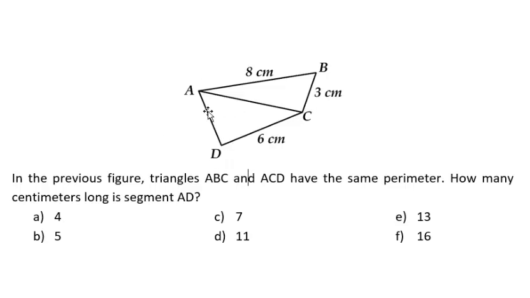The perimeter of the other one will be AC plus AD plus DC. Those three sides are basically the perimeter. The sum of them will be the perimeter of the other triangle. Okay, AC plus AD plus DC.